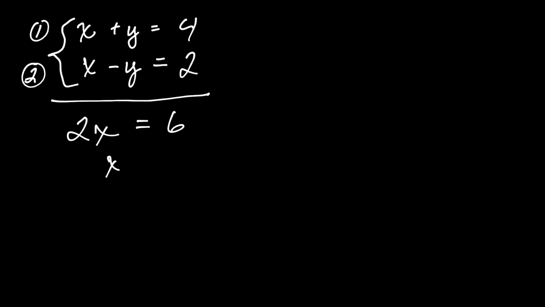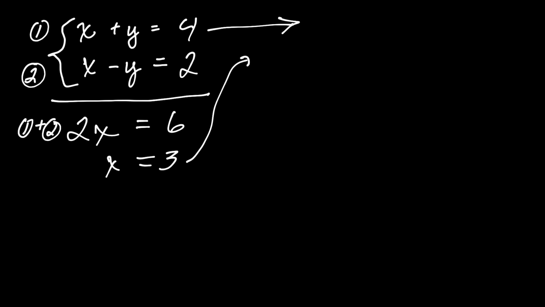Continuing, and we get that x equals 3. So notice that I did not label. I suppose I could have said 1 plus 2. But now I'm going to go back up here and pick any equation. Doesn't matter.